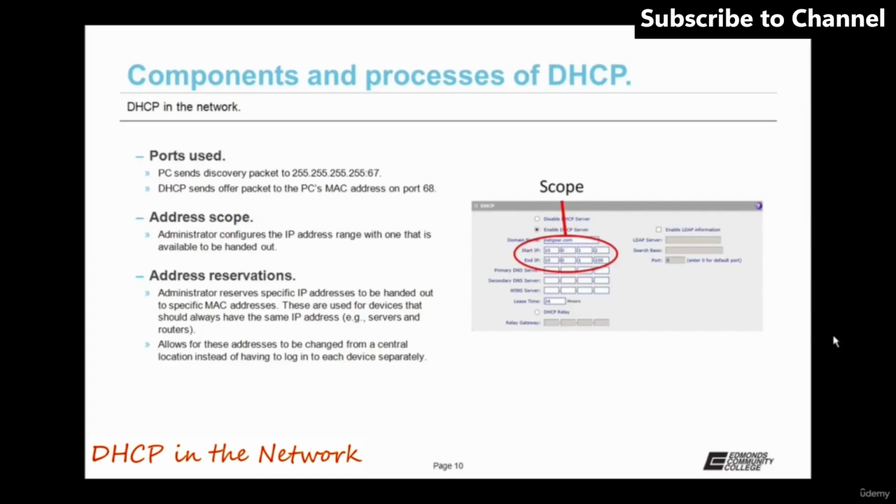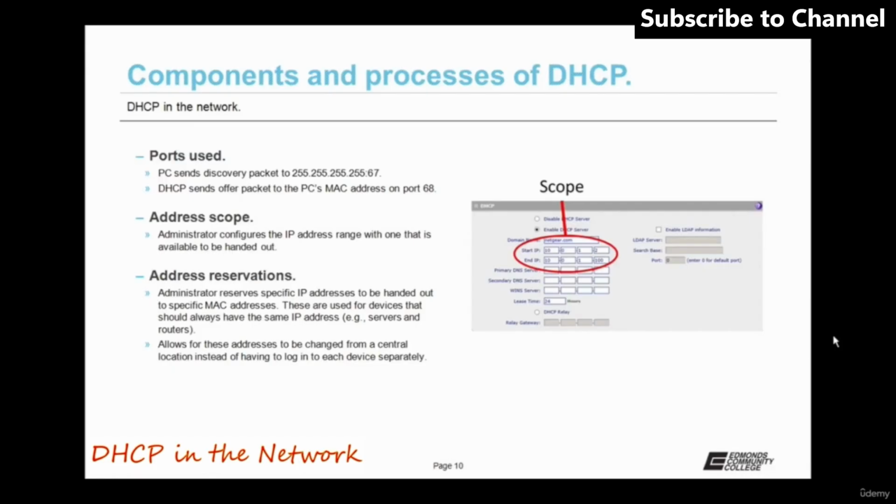That's UDP port 67. When the DHCP server responds, it responds to the PC's MAC address, Media Access Control address, on UDP port 68. That's important to remember. The PC uses UDP port 67. The DHCP server responds on UDP port 68.